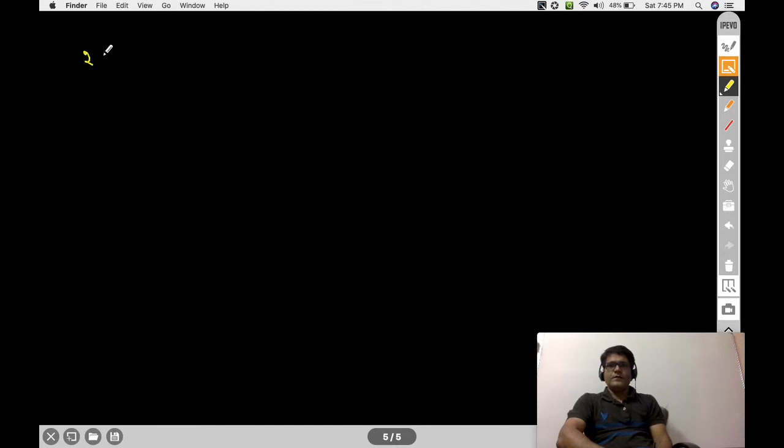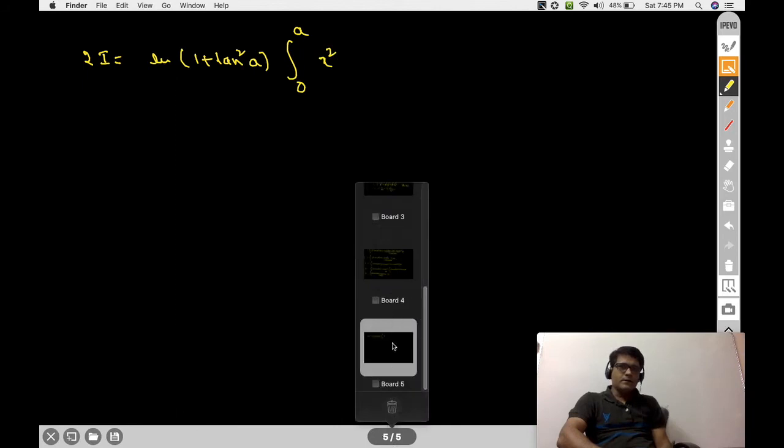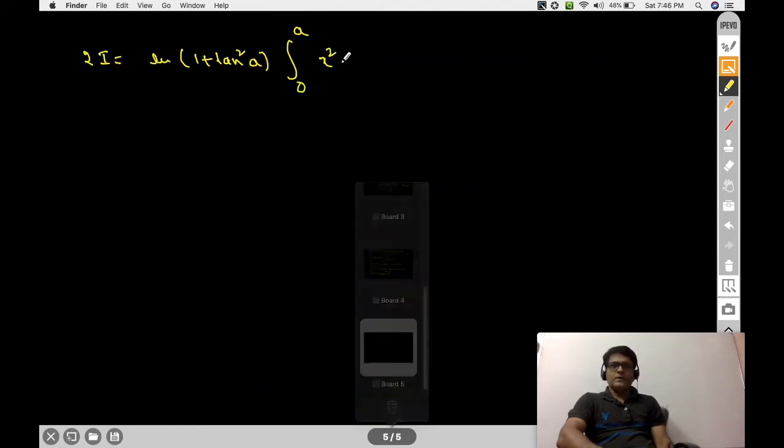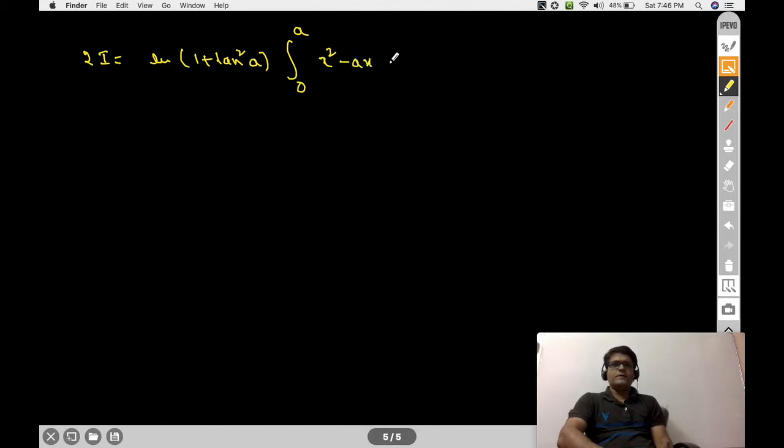Therefore, next step, 2I is equal to ln of 1 plus tan square a times integration of 0 to a x square minus ax plus a square dx.